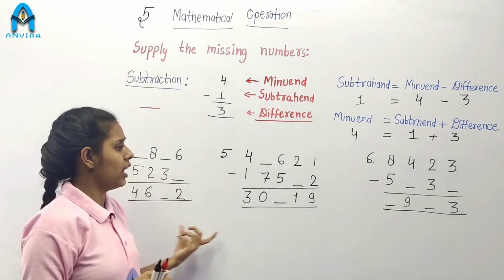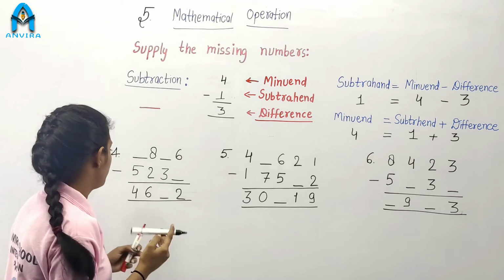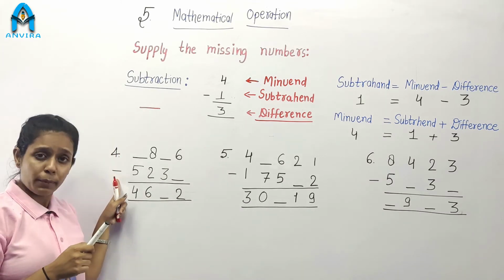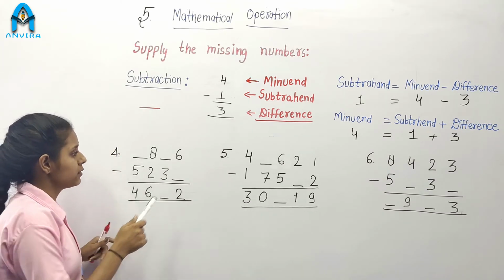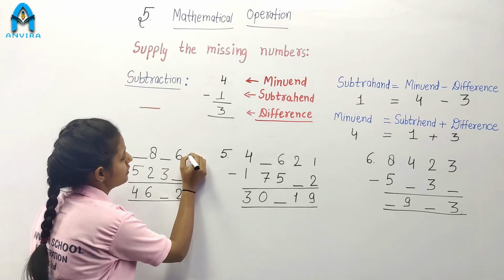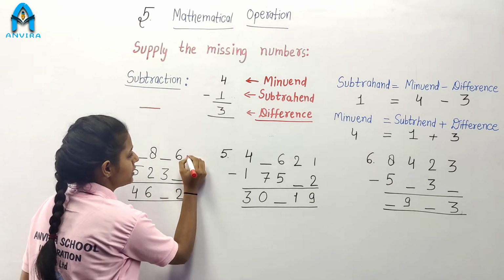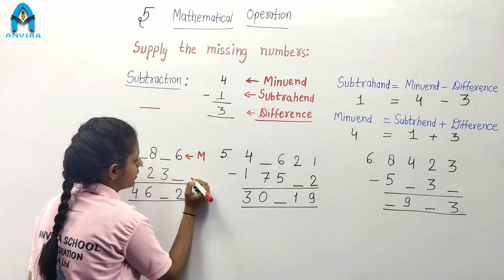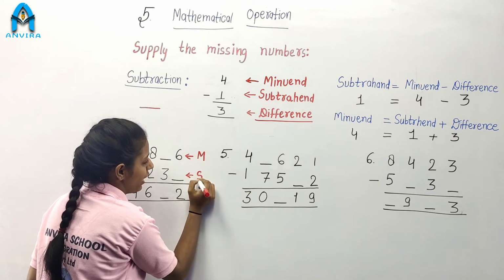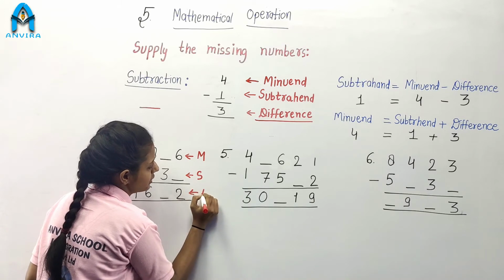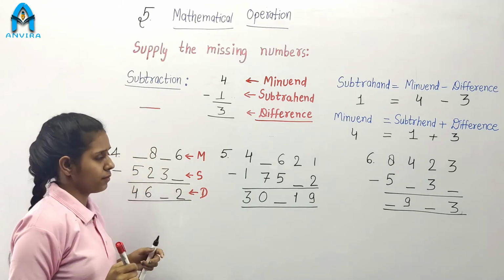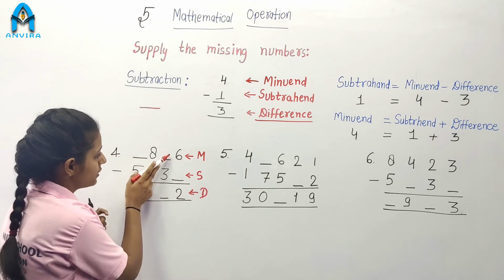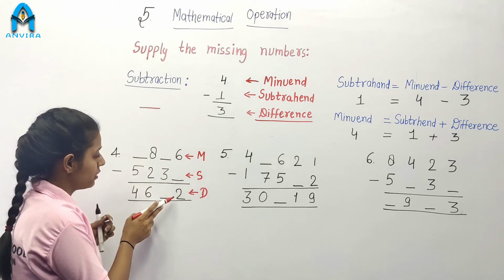Let's start our questions. This is the sign of subtraction, minus. So in this is minuend. This is subtrahend. And this is the difference. Let's start. 6, blank, 2.